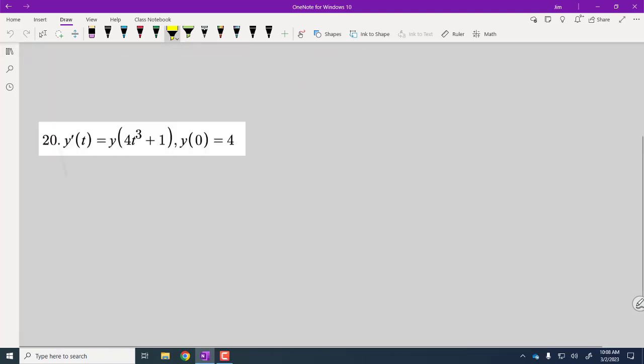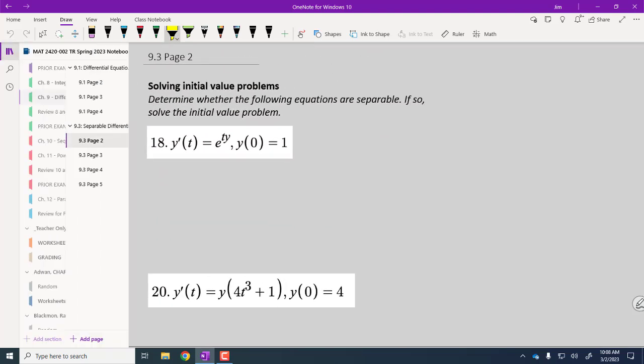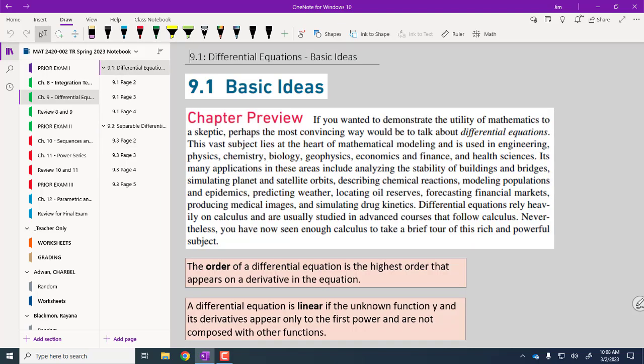Okay, so let's go to our final chapter for this unit. We are going to talk about the very basics of differential equations. And the reason that we do a couple of sections in here is that the way you solve a differential equation is by integrating.